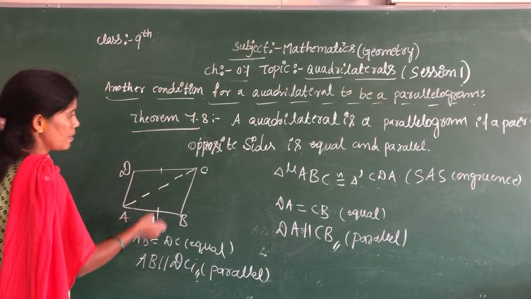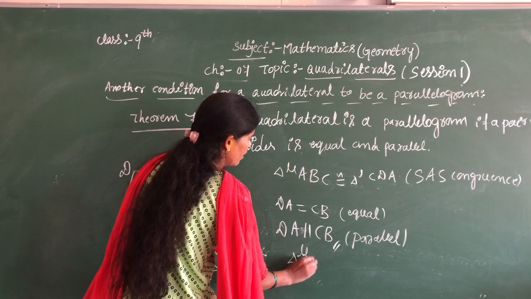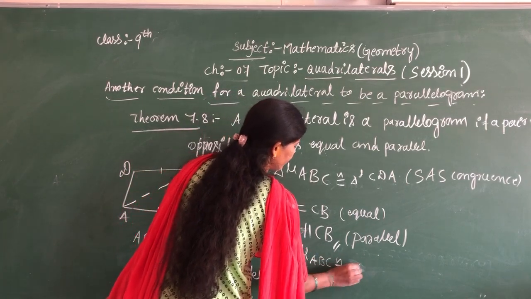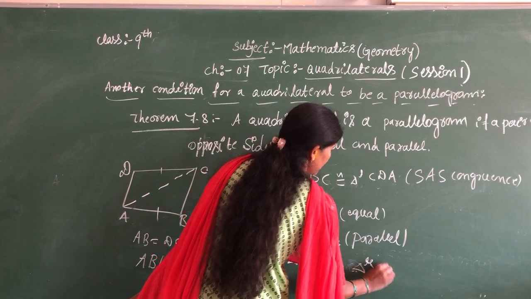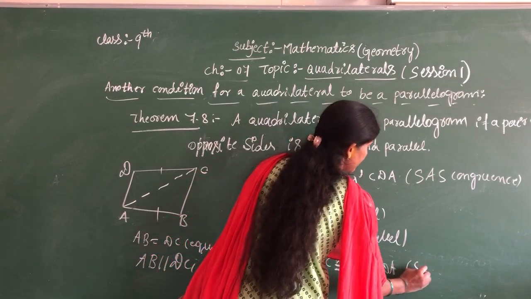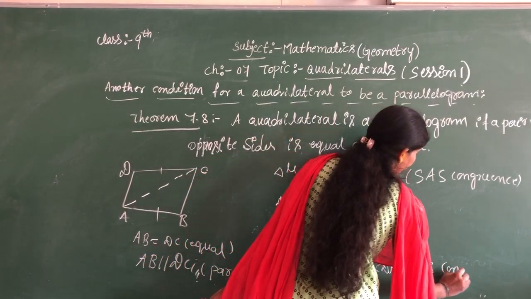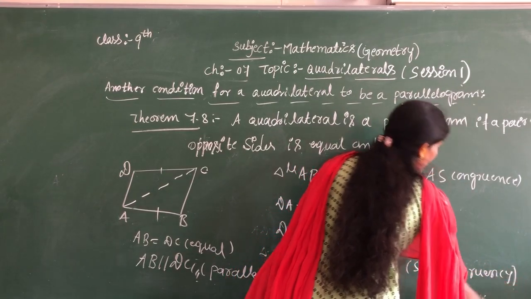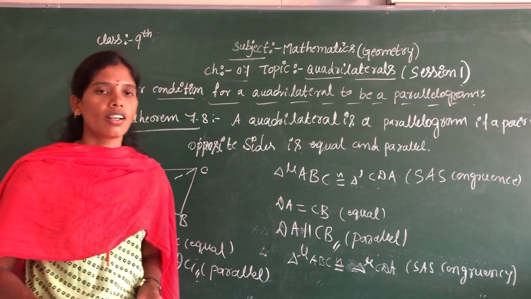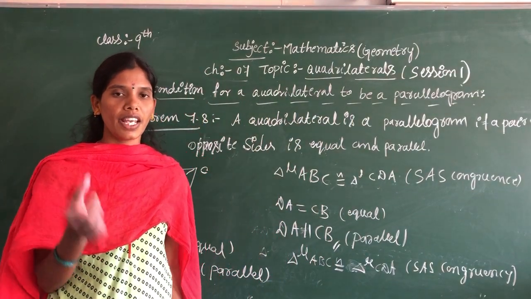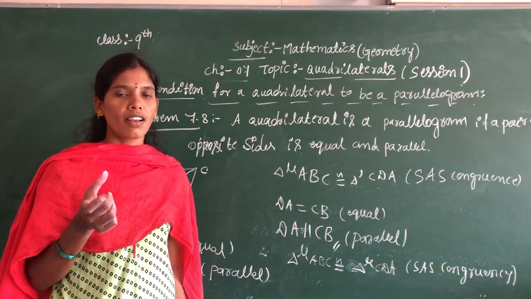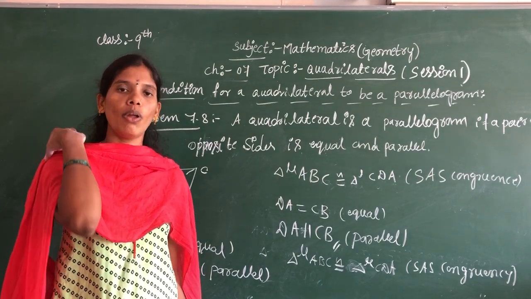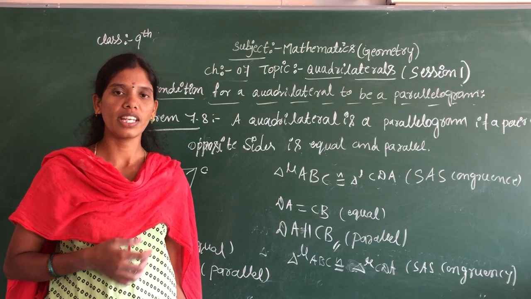Triangle ABC is congruent to triangle CDA. Hence this is SAS congruency. Are you understood? In any parallelogram, the parallel sides are equal and parallel to each other.